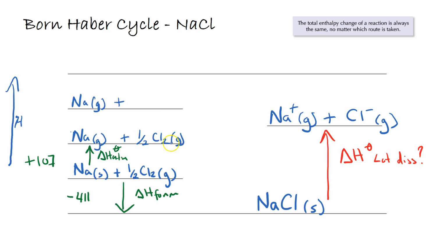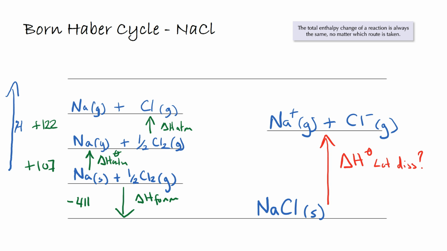At the moment I've got half a mole of chlorine molecules, and I need to get these to chlorine atoms. So again I've got the atomisation energy, this time of chlorine, and remember, we've seen before, this is half the bond dissociation energy of chlorine, which is readily available from data books, plus 122 kilojoules per mole.